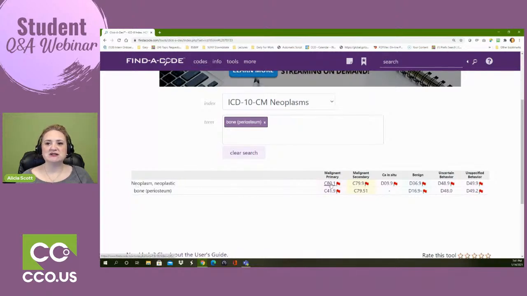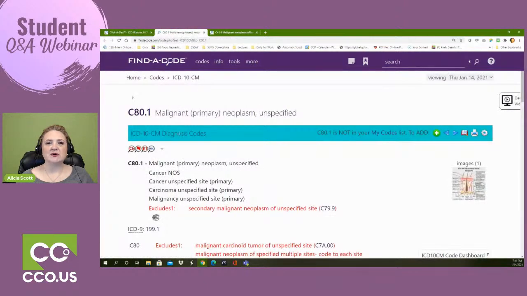So let's look at the difference between these two codes. So I'm going to open this in another link, and then I'm going to open this one into another link. So what is C80? Cancer not otherwise specified. So that is malignant cancer, primary, the start of primary cancer that is unspecified as to where it is.